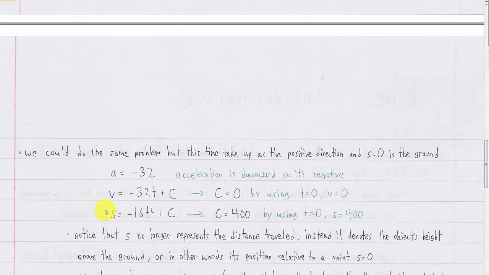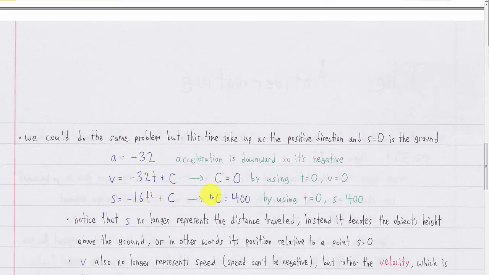So now let's look at what this function s represents in this problem. Remember, in the other example, s represented the distance traveled from our initial position. But here, when t equals 0, s equals 400. So does that mean we already traveled 400 feet at t equals 0? No. So here s represents something different than the distance traveled.